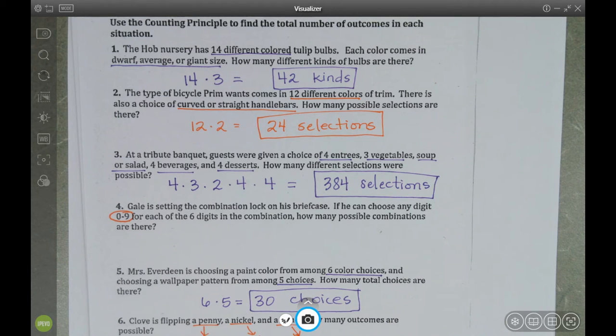I got a three. I mean, think about it. Yeah, I did something. But yeah, I probably got that.